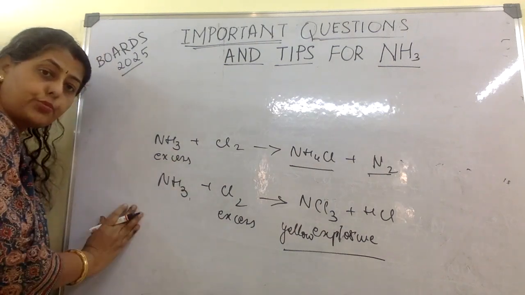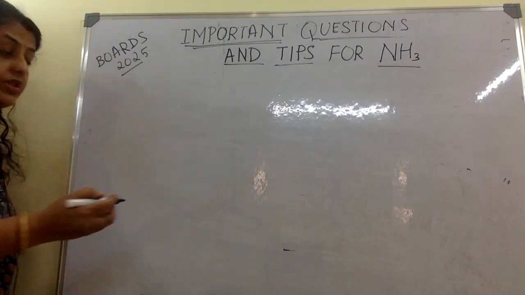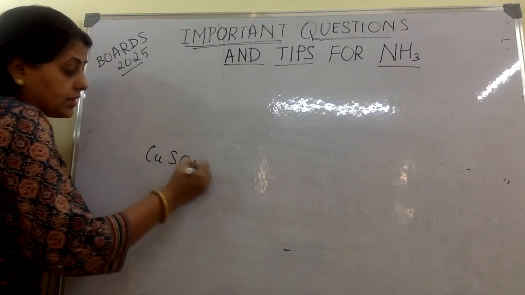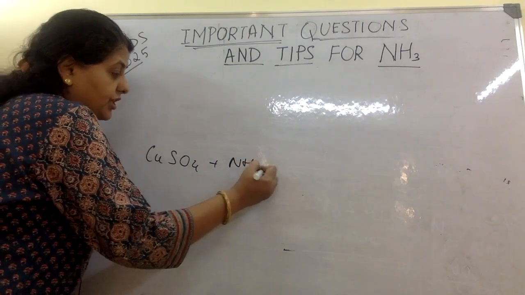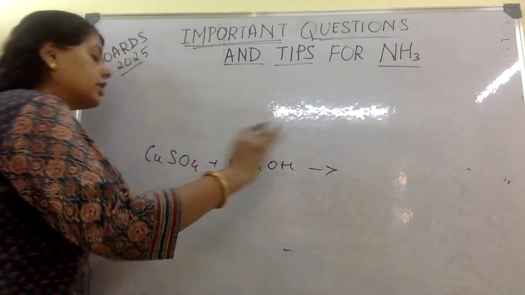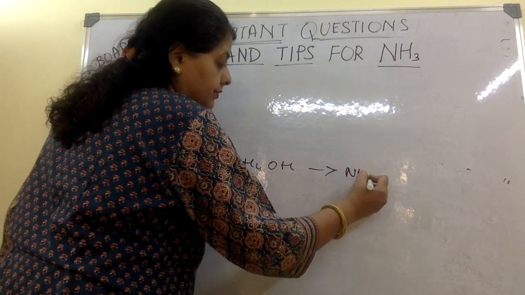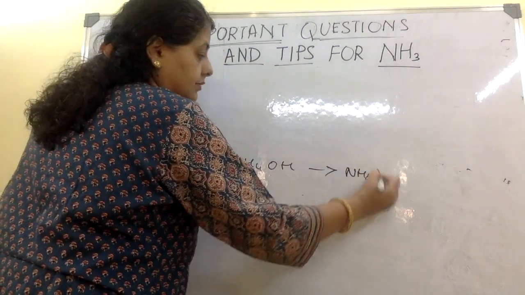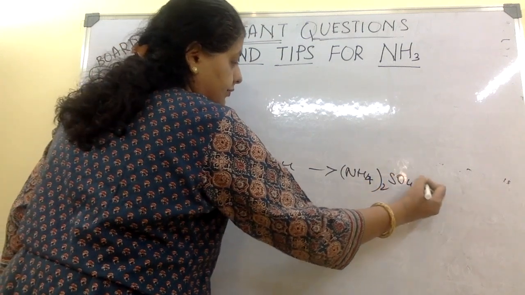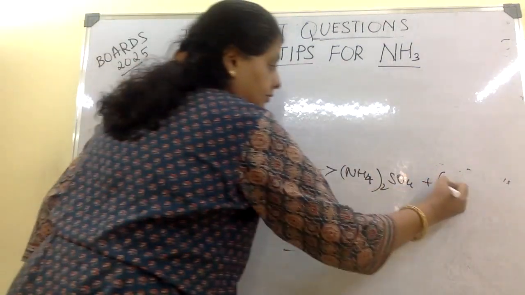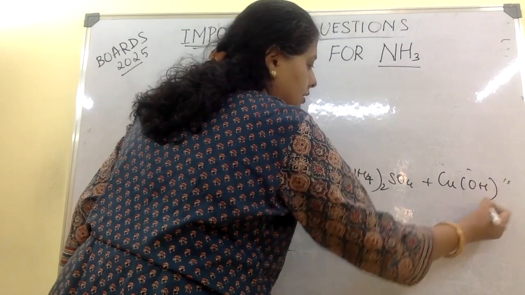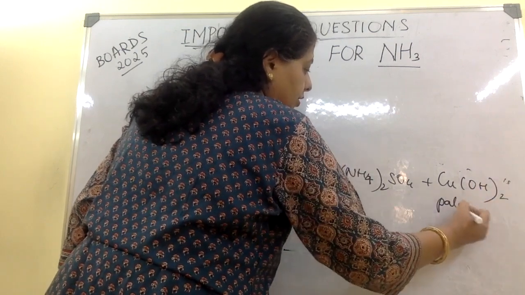Again, I said one more pair of equations. Now, this is a very important equation. Copper sulphate plus NH4OH, when NH4OH is not used in excess, gives ammonium sulphate plus copper hydroxide. This is pale brown.